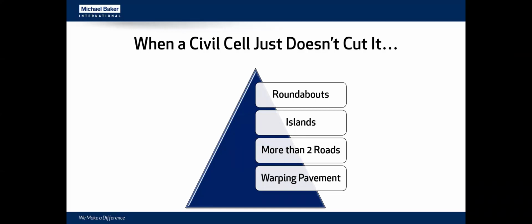If you need to be warping the pavement in any way that's not really your traditional crown scenario, these are cases where you could build a civil cell, but by the time you're done trying to make a civil cell, you've done all the work that you would need to do in order to actually have your model. So unless you've got, for some crazy reason, two of the exact same kind of ridiculous intersection in the same project, I don't know that making a civil cell actually is going to save you a whole lot of time. You might as well just go ahead and model it intelligently.